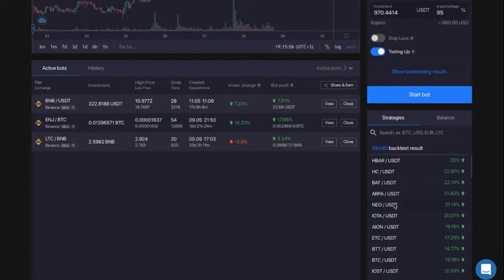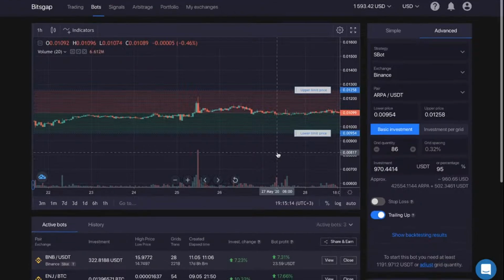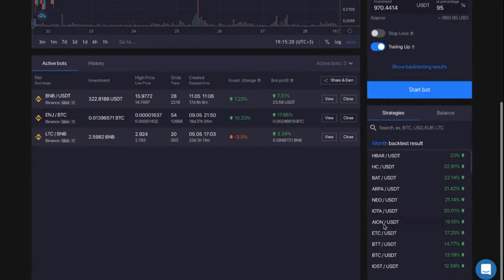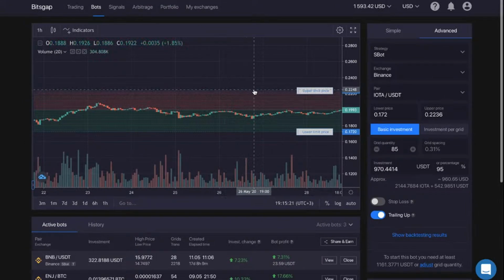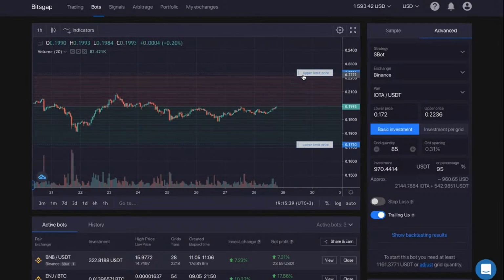trade today. Let's say ARPA to USDT, it has made 21% within the period of 1 month. And when you click on it, and maybe we can click on IOTA to USDT, you see that the system automatically places the trading range for you, and the trading range here is defined by the upper limit price and the lower limit price, which you can actually set manually if you want, like this.